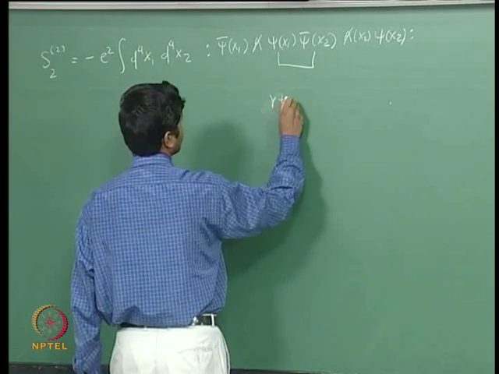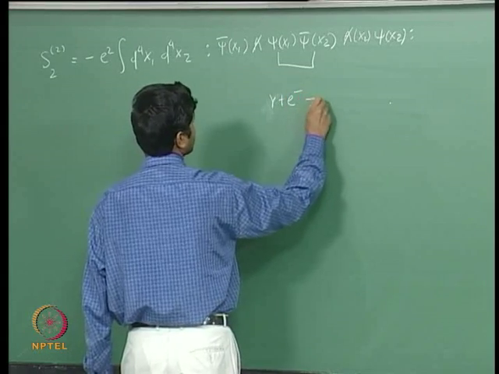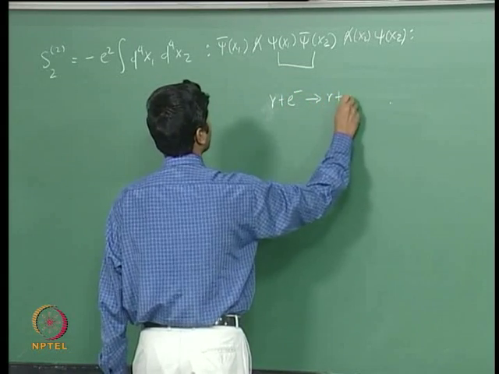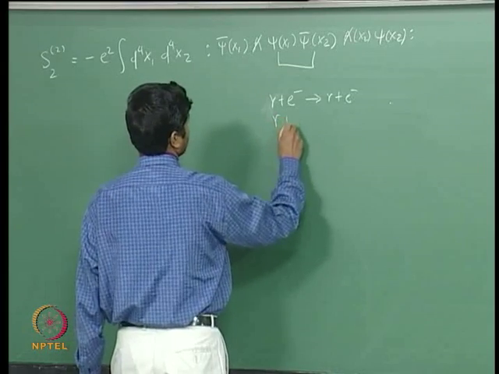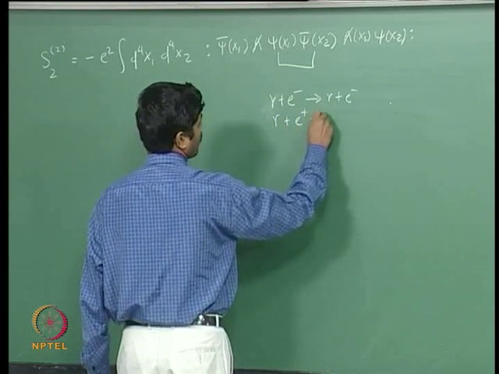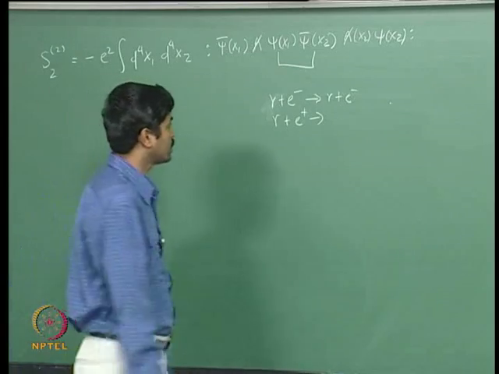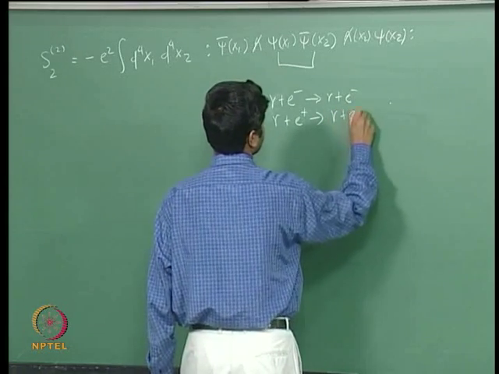You can have the Compton scattering, gamma plus e minus. You can have the analogue of Compton scattering with a positron, which gives gamma plus e plus.